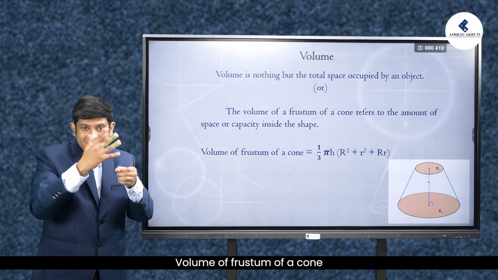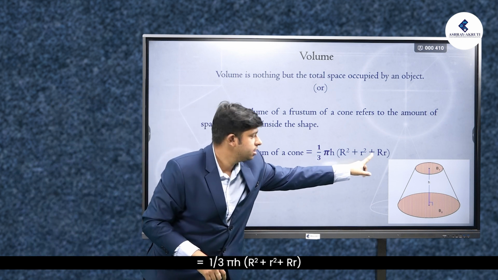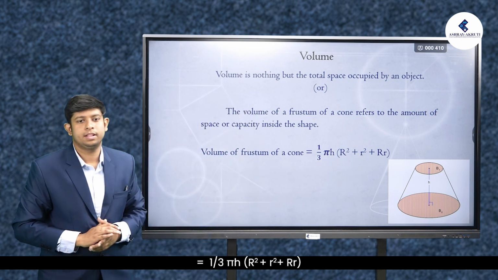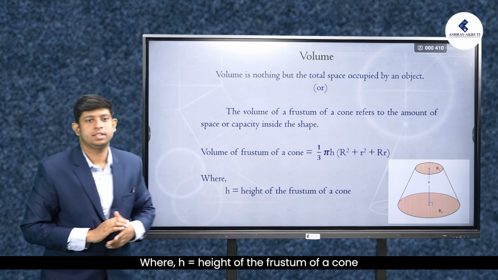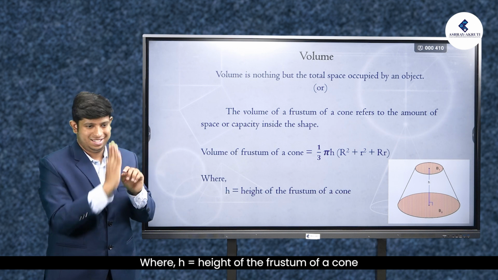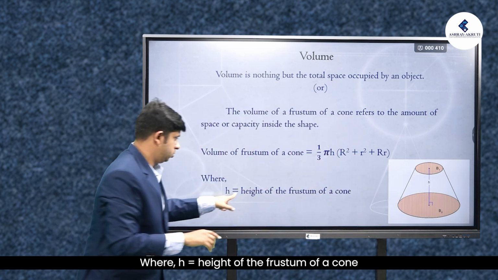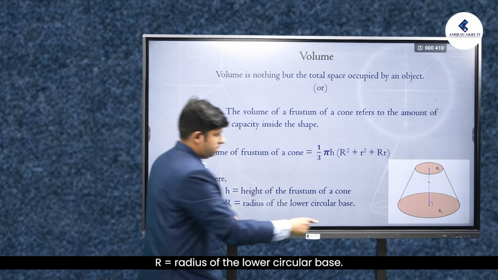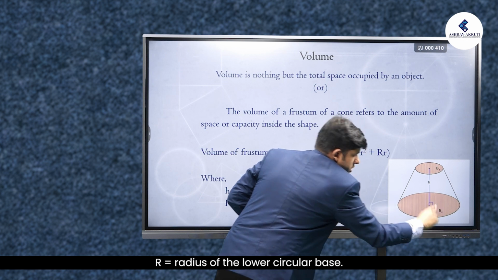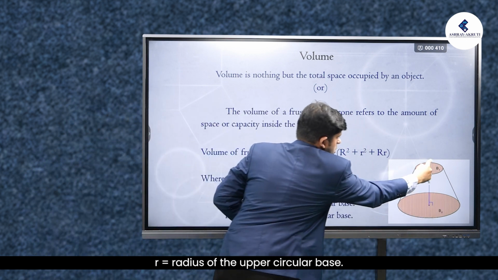Volume of frustum of a cone is equal to 1 by 3 into pi into h into R square plus r square plus R into r, where h is equal to height of the frustum of a cone, capital R is equal to radius of the lower circular base, small r is equal to radius of the upper circular base.